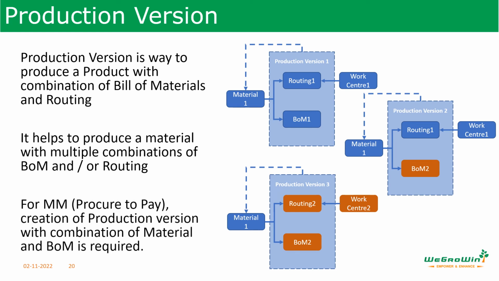For material management, that is procure to pay, creation of a production version is required with the combination of material and routing only. Sorry. In materials management, in procure to pay, the production version will be created only with the combination of material and bill of material. There is no need of linking routing. But it is mandatory in S4HANA.